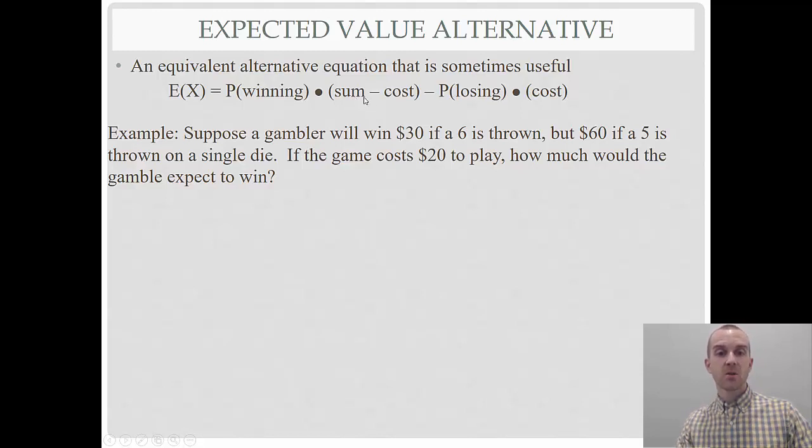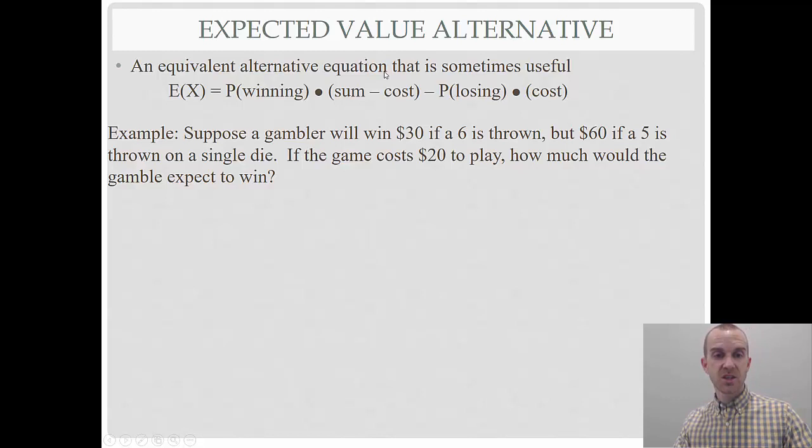But what if we take the net, which is how much I plan to win minus how much it costs to play? Now I'm going to subtract, instead of just subtracting out straight cost, the probability of losing times the cost to play. So it shifts a little bit of the emphasis of how the multiplication is done, but it will give you the same solution. And you can work out the algebra and see that it actually is the exact same problem, just worked out a little bit differently.